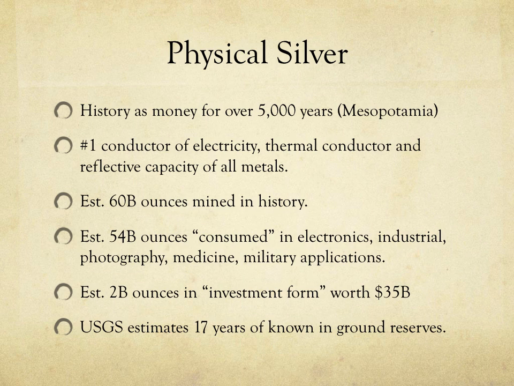Is that number correct? I don't think so, but it's an interesting kind of signpost as to what is left in the ground of silver, a commodity and a metal that we consume, whereas something like gold is not consumed. You pull it out of the ground to bury it in your vault.